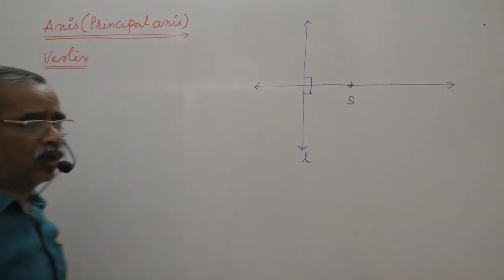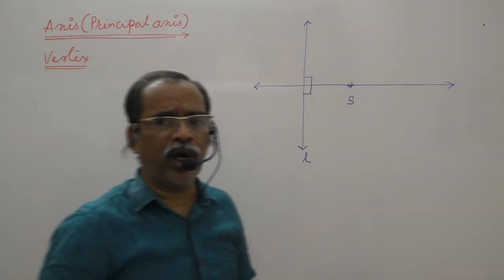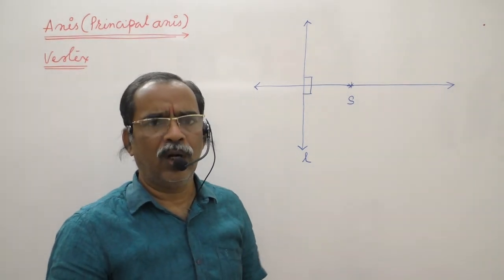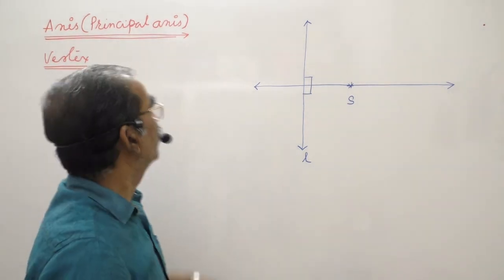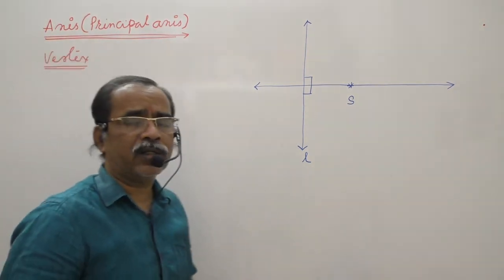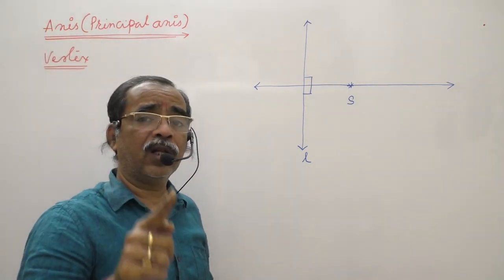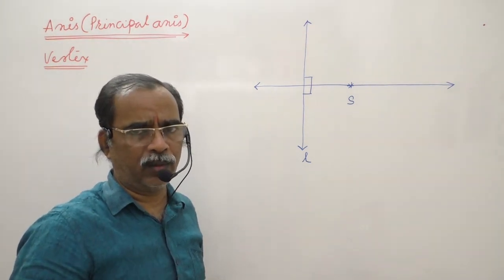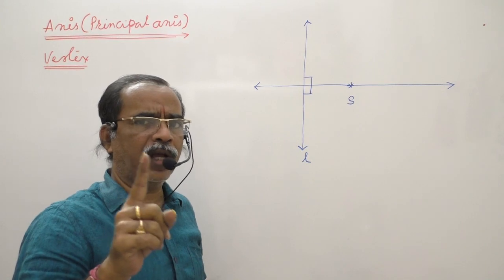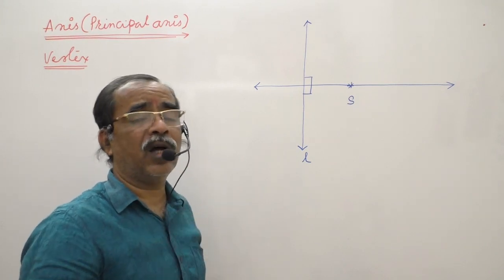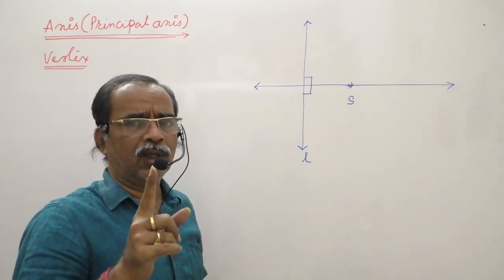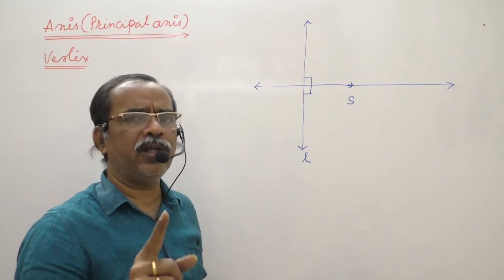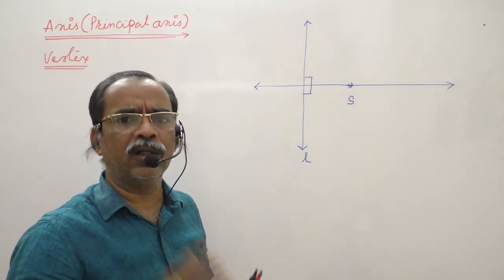Now, what is a vertex? I am not writing the definitions on the board, I am telling them orally. Listen carefully. The point where the conic, which can be any conic, parabola, ellipse or hyperbola, crosses the axis is called the vertex of the conic.